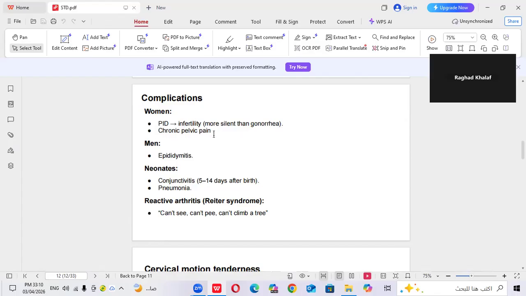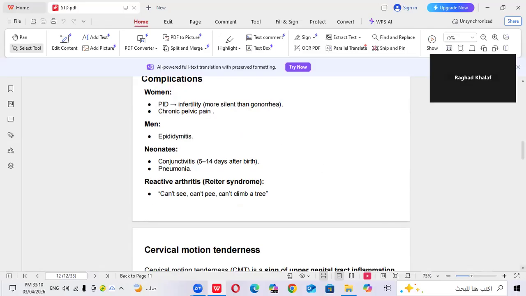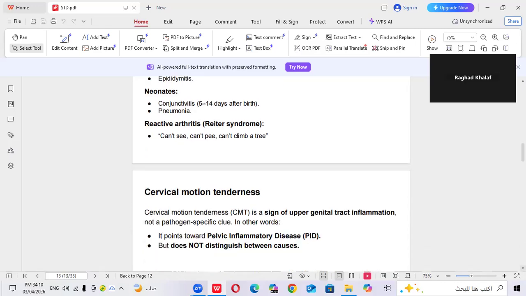Some physicians really ignore this and they don't do the analysis for it. So sometimes they miss the fact that the patient may have or may develop pelvic inflammatory disease, aside from having a simple gonorrhea infection or a simple chlamydia infection.